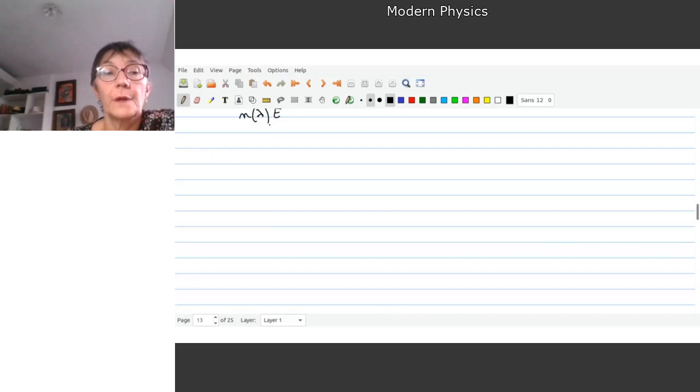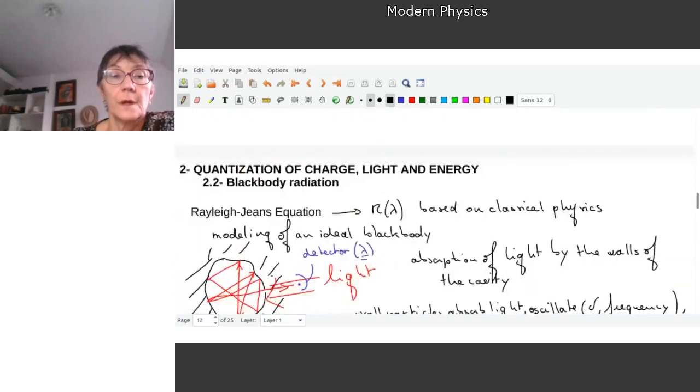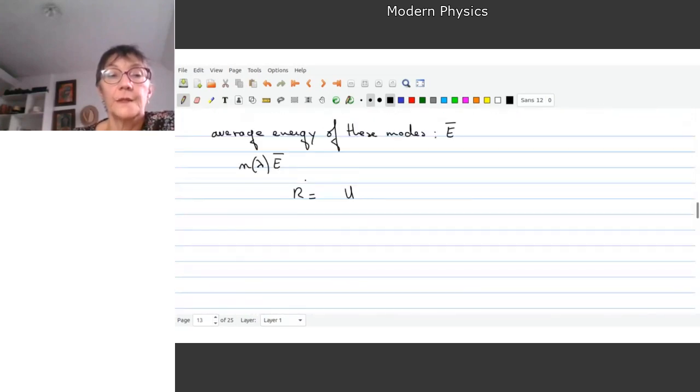First, before going on, I will write something: R is a function of the energy U which is inside the cavity. R is what you measure outside, and it is proportional to the energy of the modes which are inside the cavity.